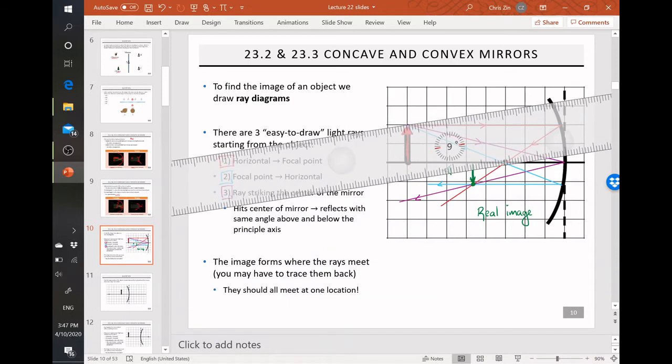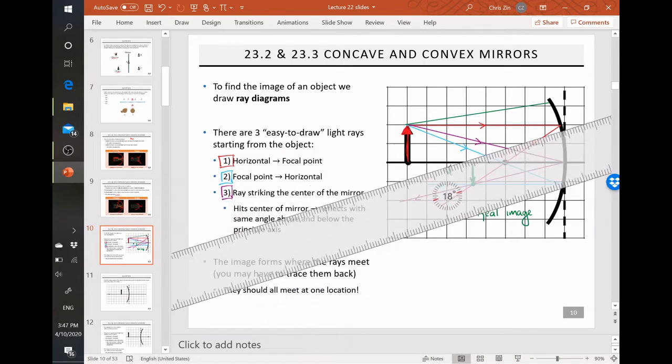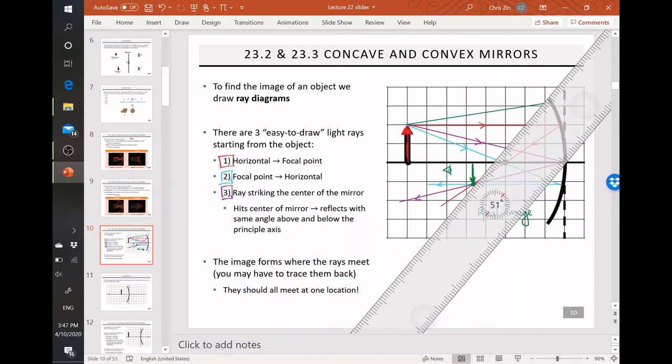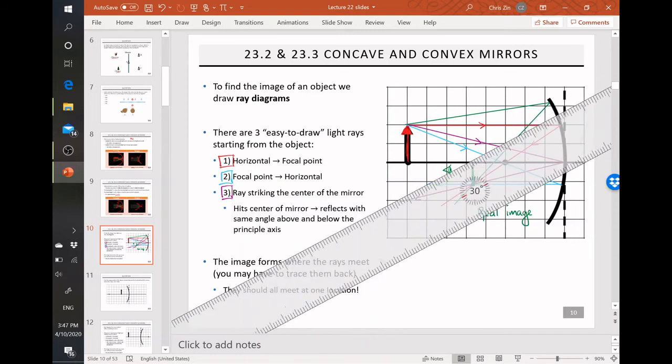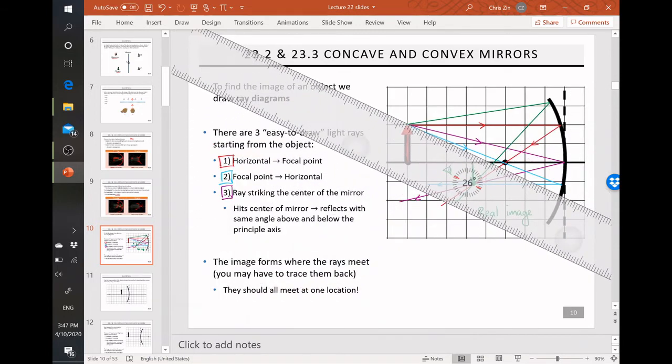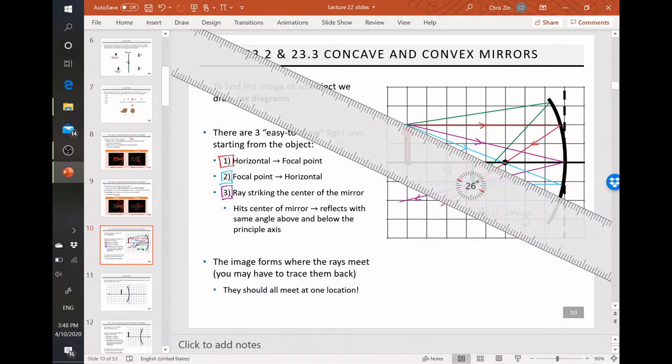So for instance, if I draw just some random light ray that's going from the candle to the mirror, after this light ray reflects off of the spherical mirror, it will go to the image location. Similarly, if I draw one that's going down lower, it goes toward the mirror.